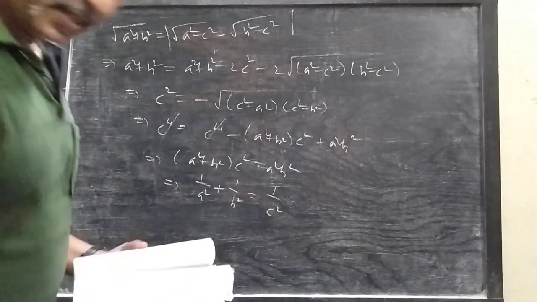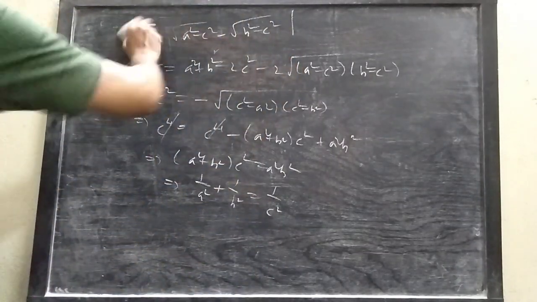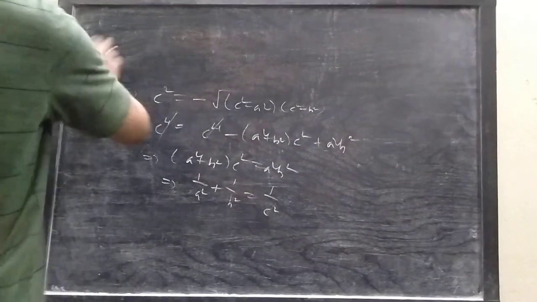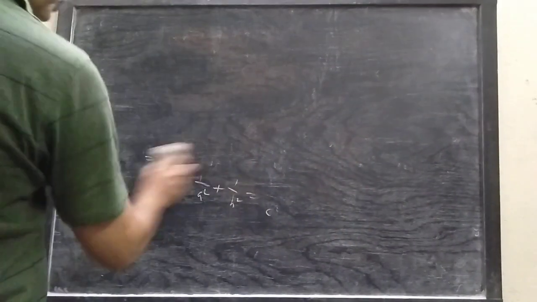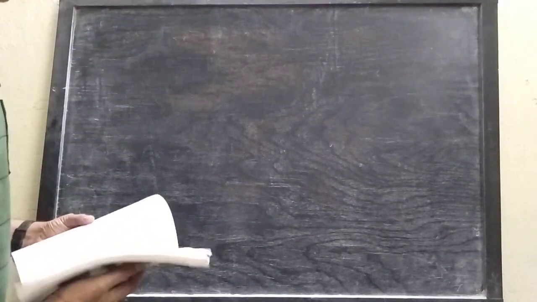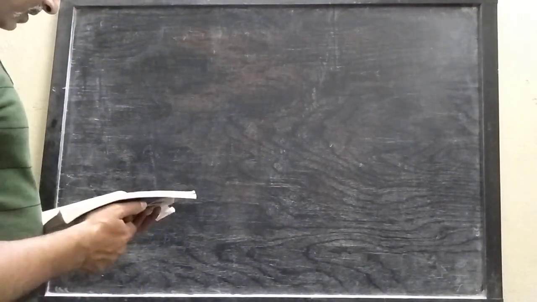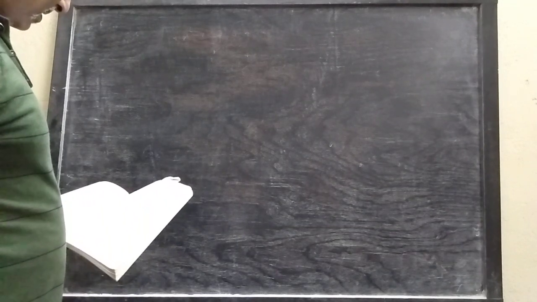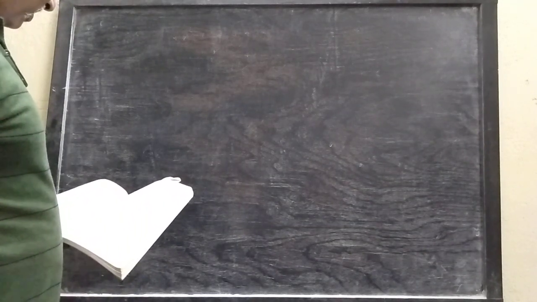Our next question is: prove that the circles touch each other internally. Find the equation of their common tangent.